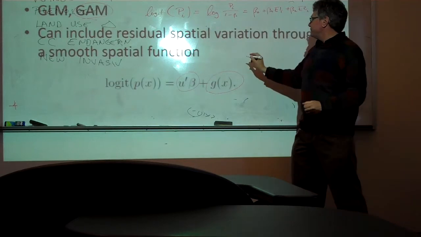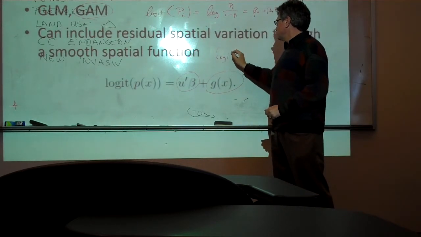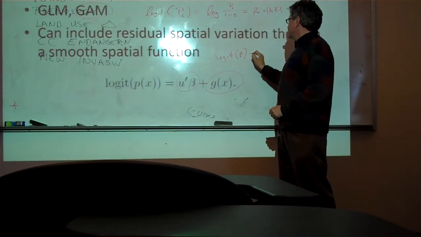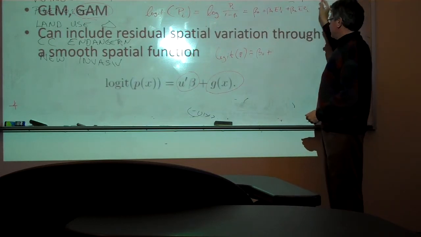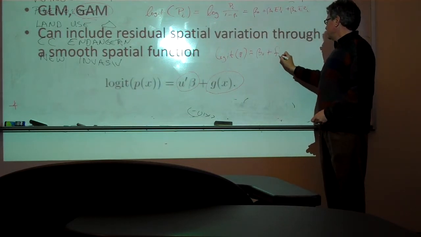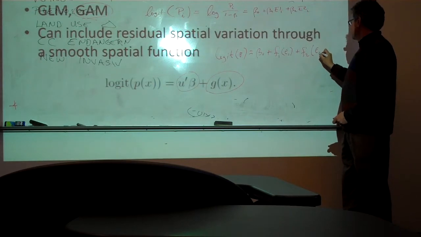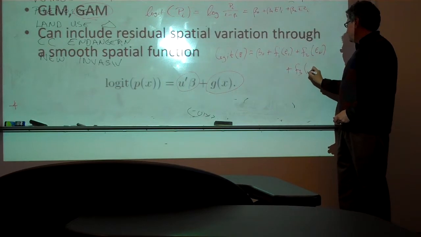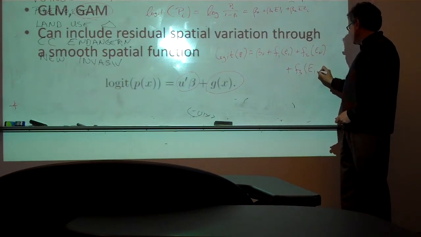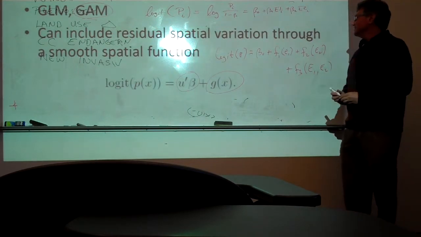In a GAM, we say that the logit of P is an intercept plus, so it's still additive, but now we're going to say F1 of E1 plus F2 of E2, and maybe there's an F3 of E1 and E2, for interaction.